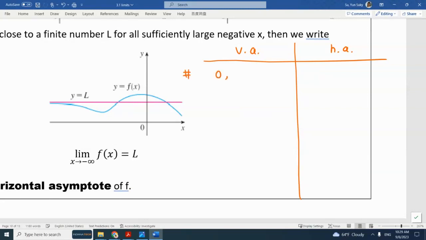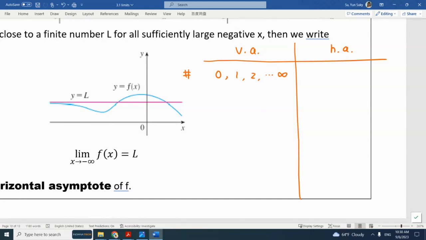We can have 0 vertical asymptotes, 1 vertical asymptote, 2 vertical asymptotes, and we can have infinitely many vertical asymptotes. Do you remember the graph of tangent? Yes, you have infinitely many vertical asymptotes, right?